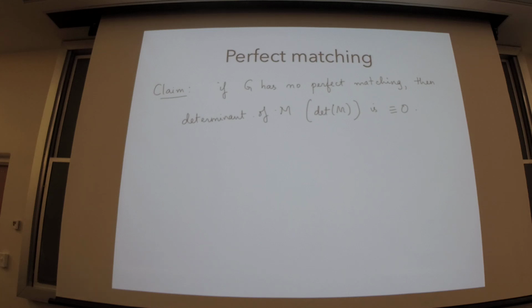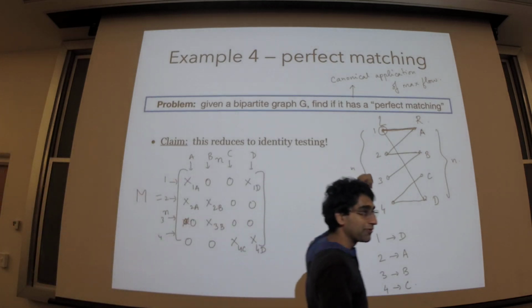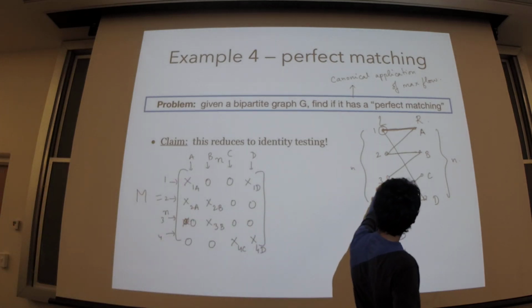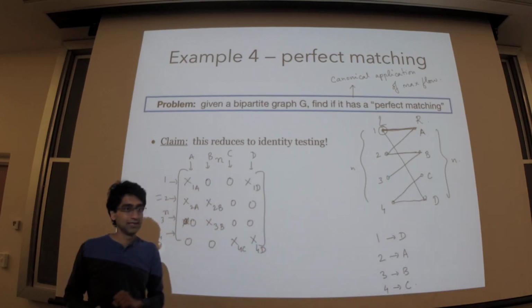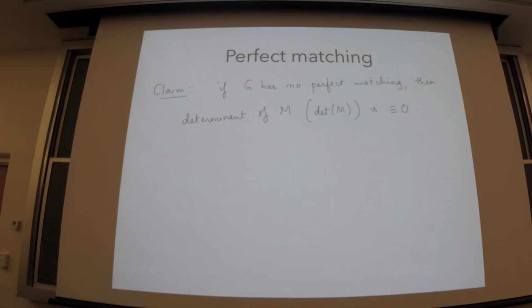So this is what I would like to claim. If G has no perfect matching, then the determinant of this matrix M that I wrote down is identically 0. And vice versa, if G does have a perfect matching, then det M is not identically 0.